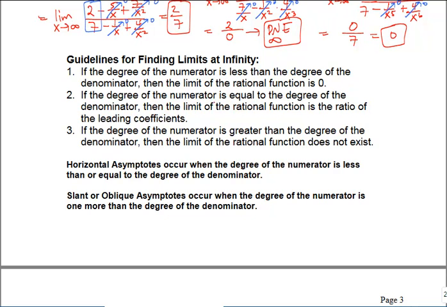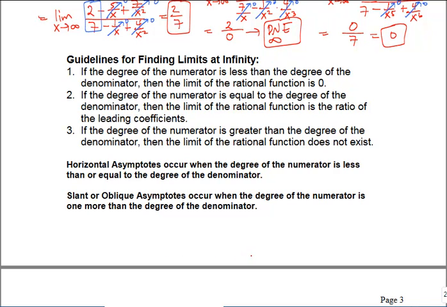If the degree of the numerator is equal to the degree of the denominator, the limit is the ratio of those leading coefficients. And if the degree of the numerator is greater than the degree of the denominator, then the limit does not exist. Horizontal asymptotes occur when the degree of the numerator is less than or equal to the degree of the denominator.